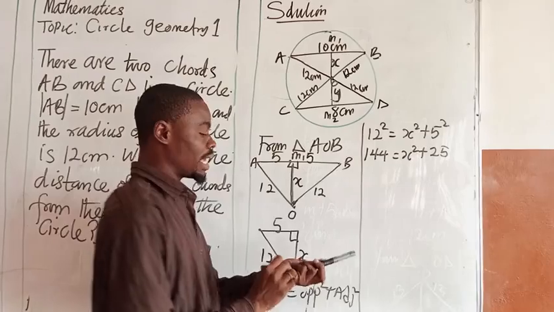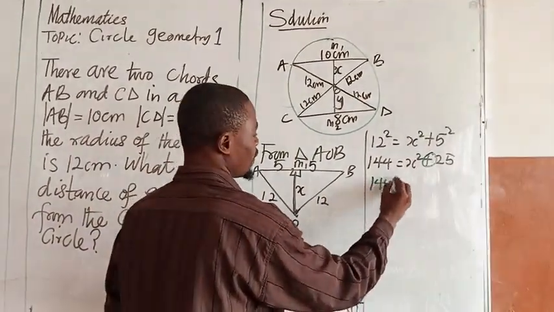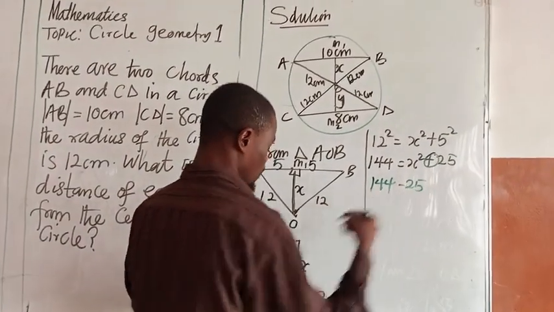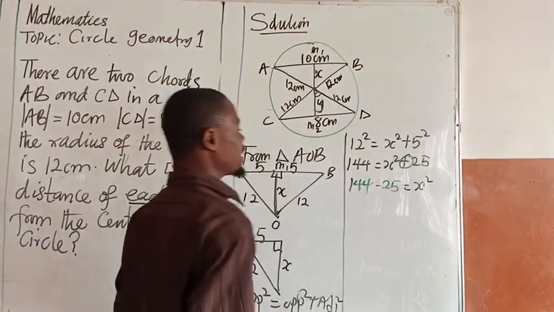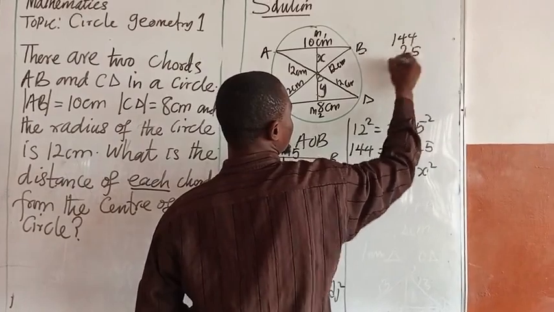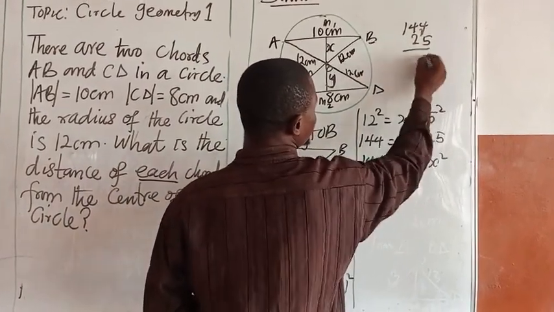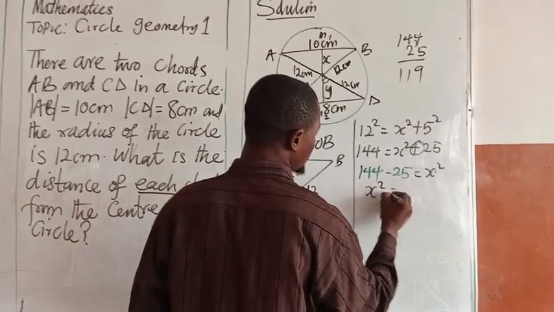By changing the plus to minus, 144 minus 25 is equal to S squared. 144 minus 25 gives 119, so S squared is equal to 119.